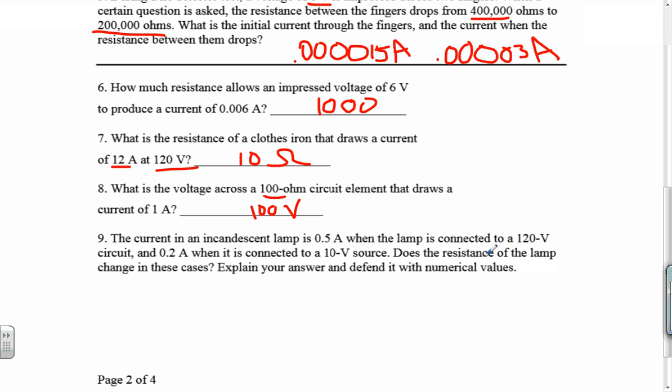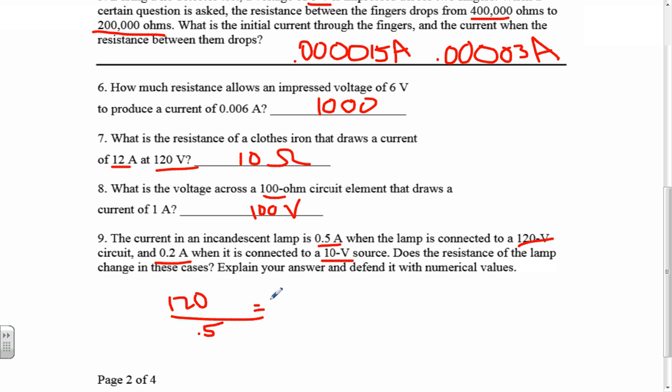It's asking if the resistance changes, because I have a set current with a certain amount of volts, and I have a different current when it goes through a different voltage source. So we can do our 120 divided by 0.5, and we get one resistance that's going to be 120 divided by 0.5 or 240.